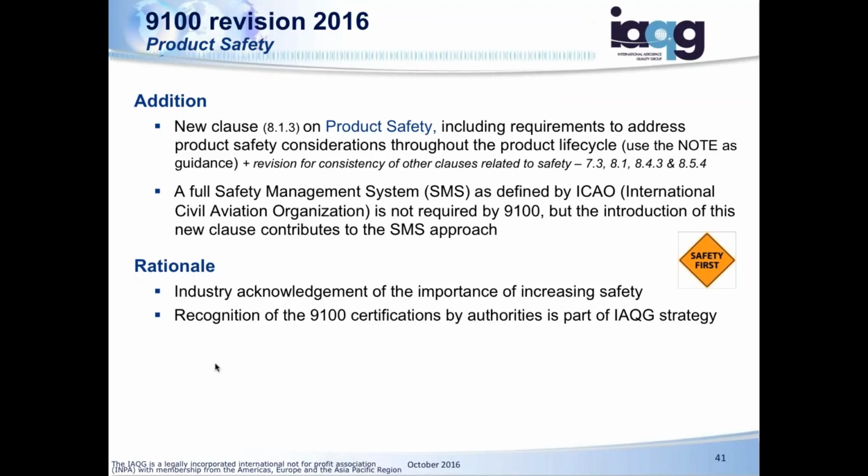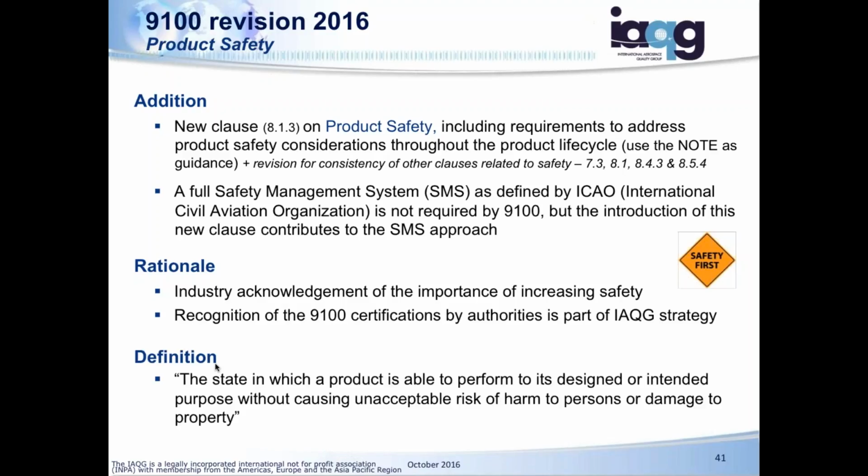So the rationale is the importance of increasing safety, especially to our warfighter and the flying public. Also our astronauts, and those people on the ground too. Also the recognition by the overall IAQG strategy for not only quality and on-time delivery of products, but also for safety.